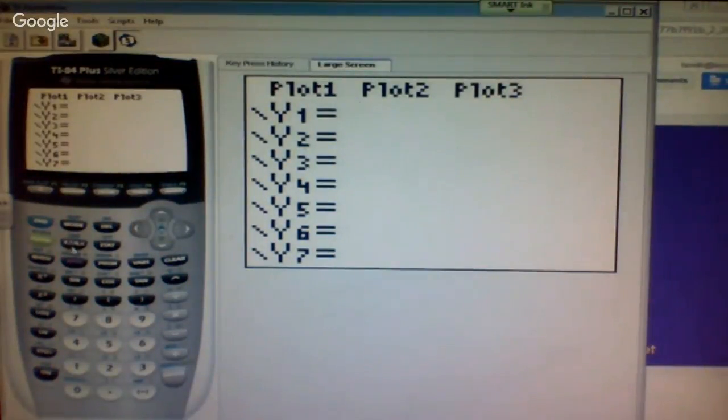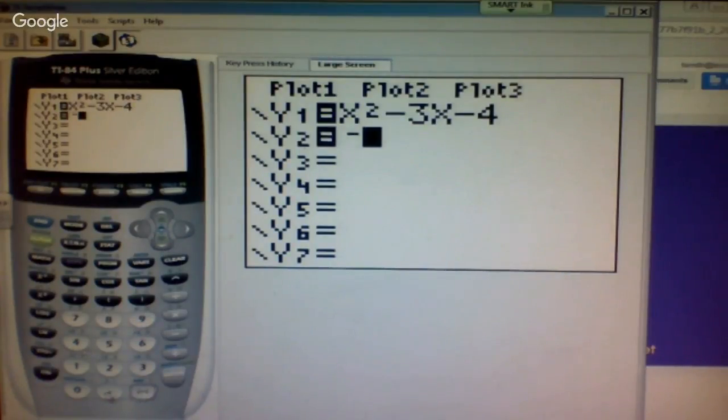You've got x squared minus 3x minus 4. And the second one, negative 0.5 x squared plus 6.